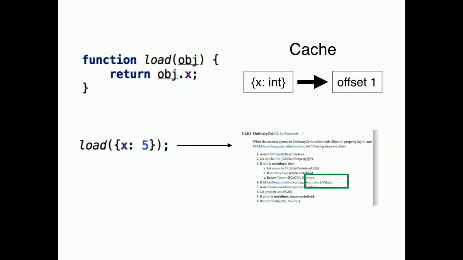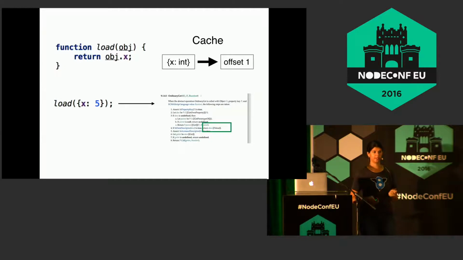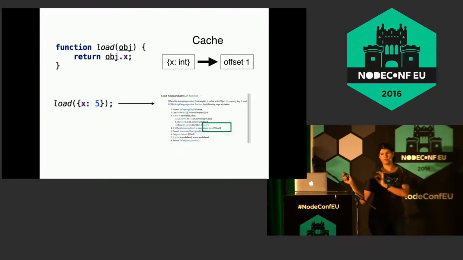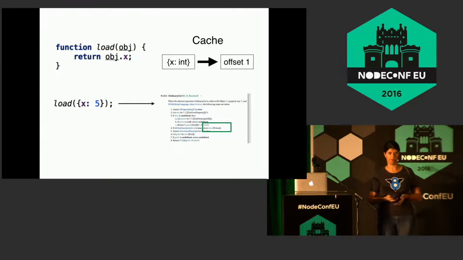So once the compiler has figured this out once, we memorize this and put it in a cache. We store away the information that if we have an object that has this shape, that is just the empty object with property x, which is an integer, then at this offset is where you can get the property.